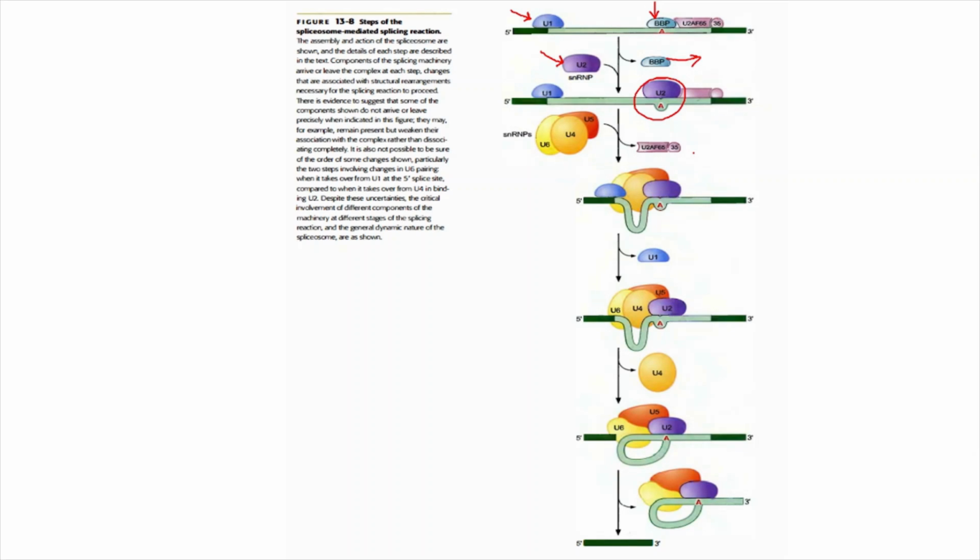So this is the first step. In the second step, what happens? These subsidiary proteins are released, and a group of proteins, U4, U5 and U6, come together and join with U1 and U2, which had been sitting earlier. So U1 and U2 were previously there. Now they are joined by the three proteins U4, U5 and U6.